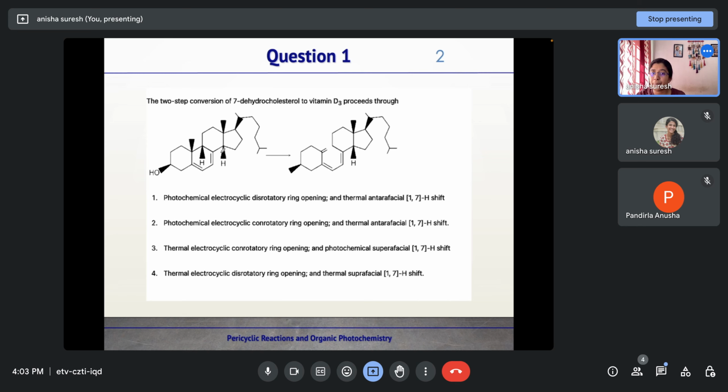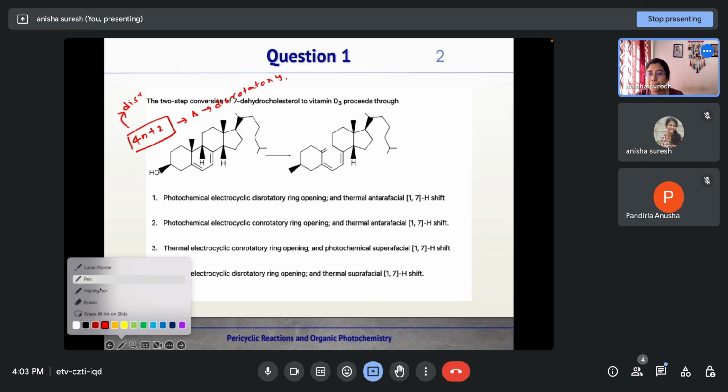So this is a 4n plus 2 system. If photochemical ring opening is taking place, then the mechanism of ring opening should be, for 4n plus 2, delta will be disrotatory, that is thermal ring opening.